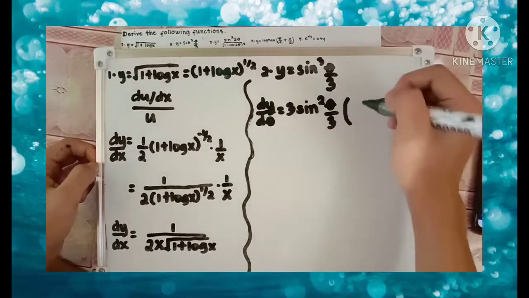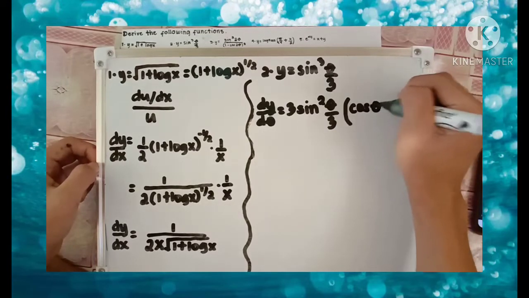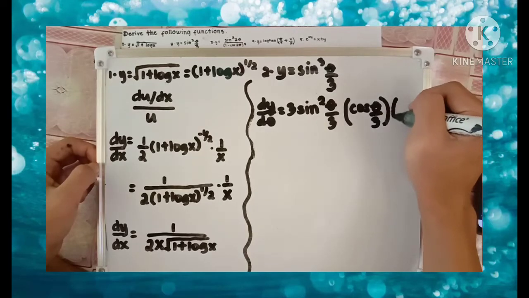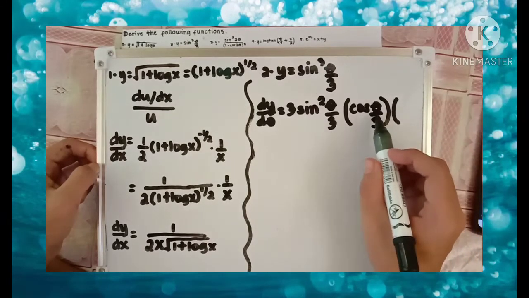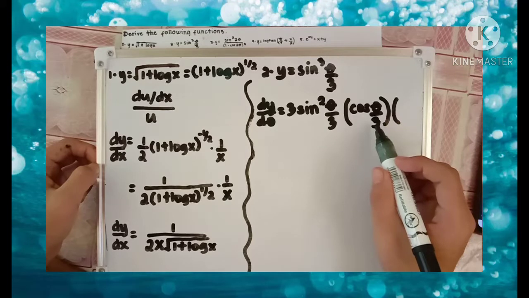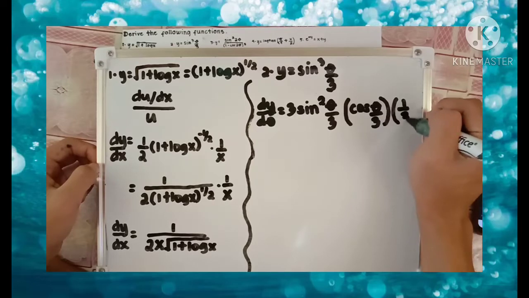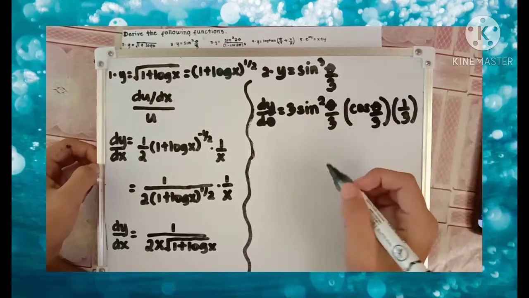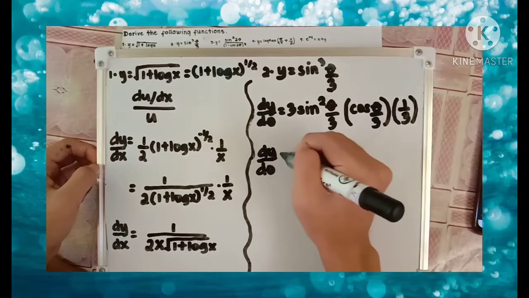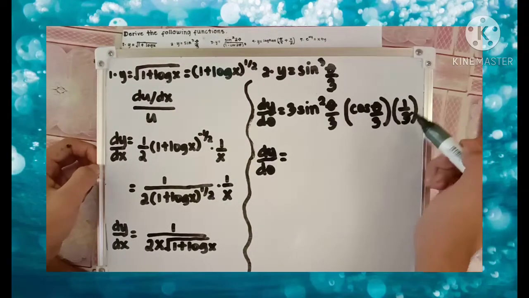So the derivative of sine is cosine, then our u theta over 3 times the derivative of inside, which is theta over 3. So pwede tayo dito gumamit ng quotient rule, which is equal siya sa 1 over 3. dy over d theta is equals to, so isi-simplify na natin siya, so it could be cancelled.